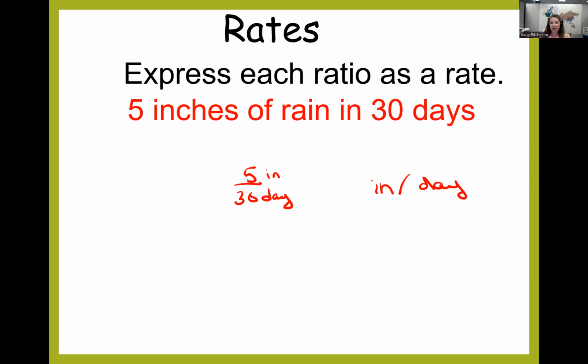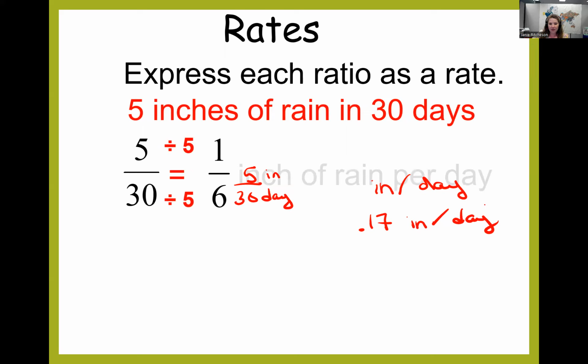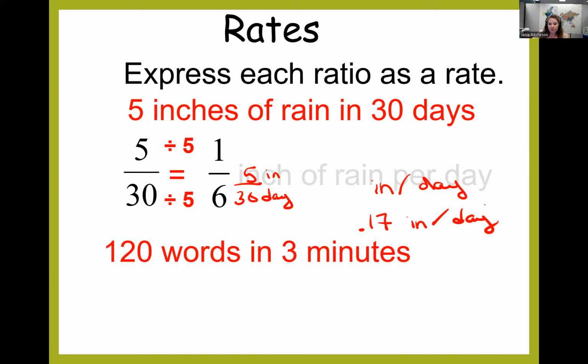The numerator's got to be divided by the denominator. 5 divided by 30 is about 0.17 inches per day. Or 1/6. 1/6 is equal to 0.17.